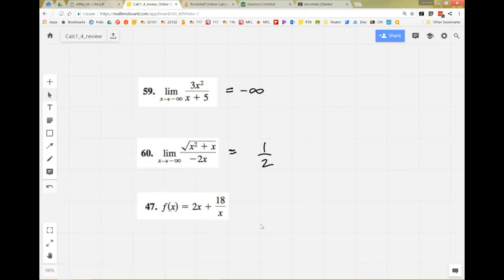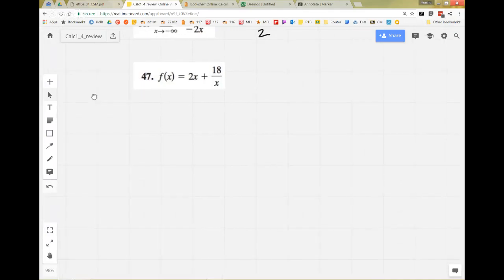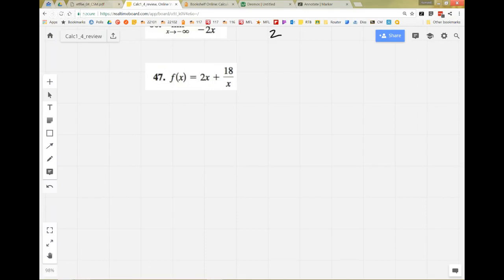All right, so find all relative extrema. We know we're going to have to do the derivative, so let's get started. Maybe we should rewrite the problem before we begin. We have f of x equals 2x plus 18x to the negative 1.